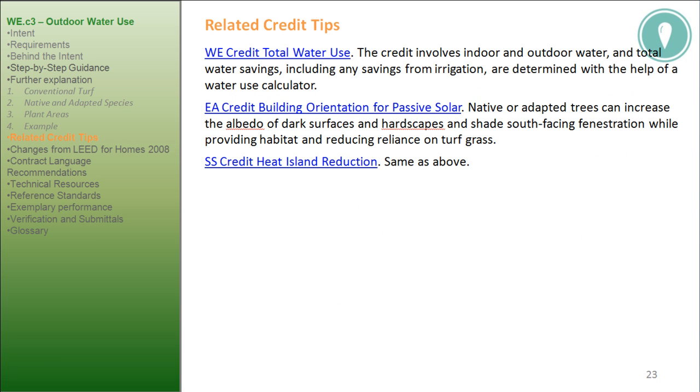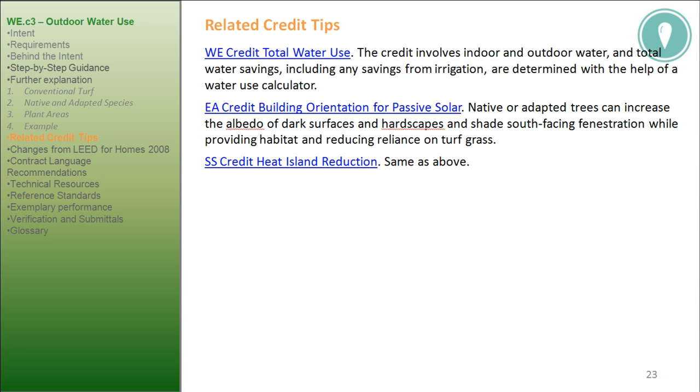Related credit tips. WE credit, total water use. The credit involves indoor and outdoor water, and total water savings, including any savings from irrigation, are determined with the help of a water use calculator. EA credit, building orientation for passive solar.